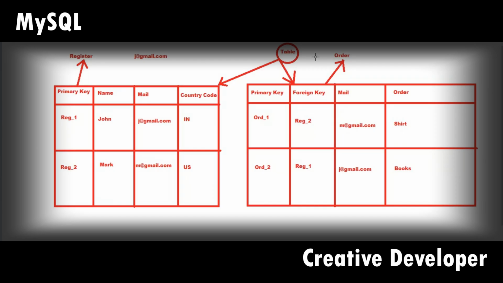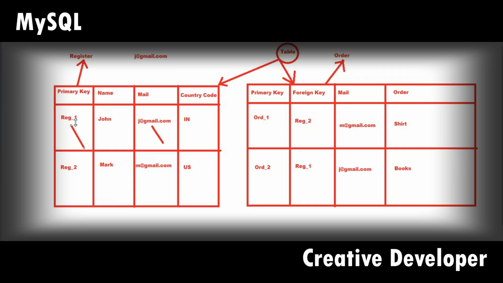So this register and order table are related, which means if John logs in, John's primary key is this one, reg1. Now it will check the foreign key from the order table. The foreign key should be the same as the primary key. Here John's mail id is j@gmail.com, and the primary key is reg1.